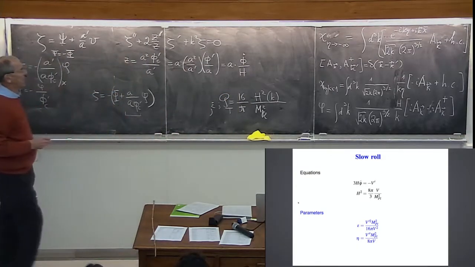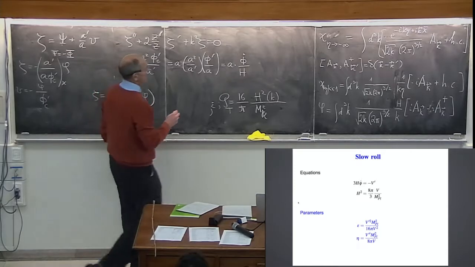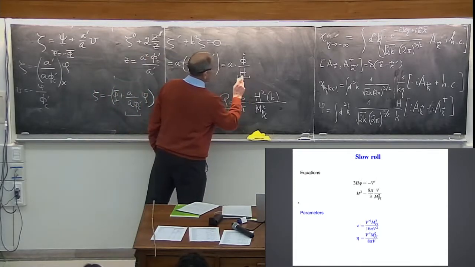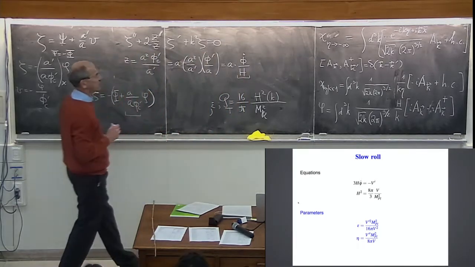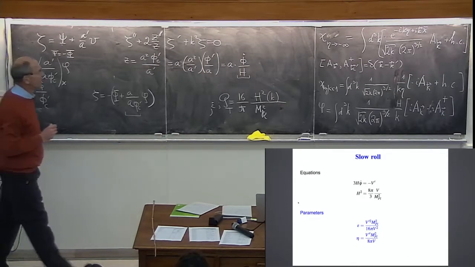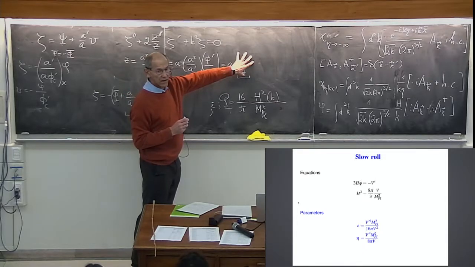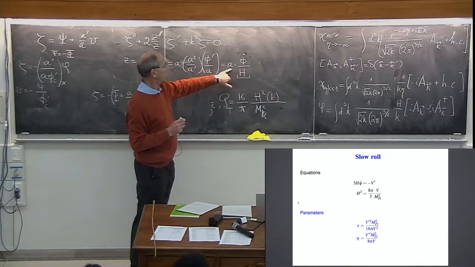H is A dot over A, which is A prime over A squared. Now, this guy, phi dot over H, varies slowly in time. That's our slow roll. So, Z, modulo a slowly varying factor, is equal to A.